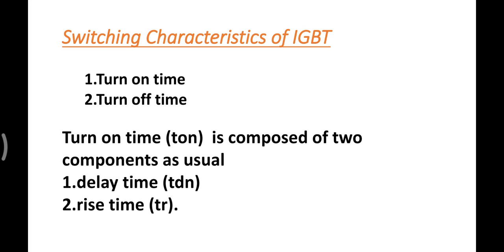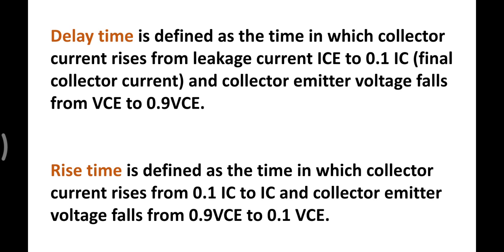Let us see what the delay time is. Delay time is defined as the time in which the collector current rises from leakage current ICE to 0.1 IC and the collector emitter voltage falls from VCE to 0.9 VCE. It is considered as the delay time. So once again, see the definition.